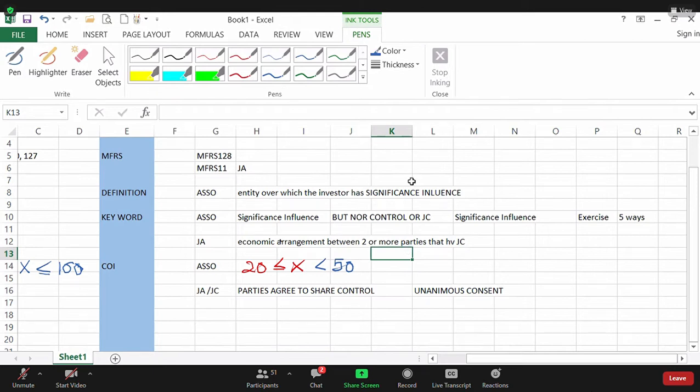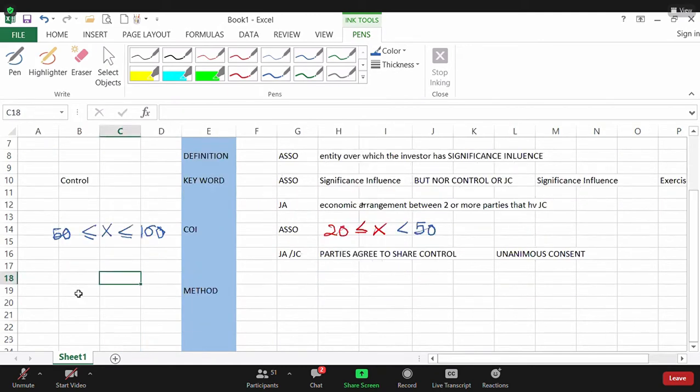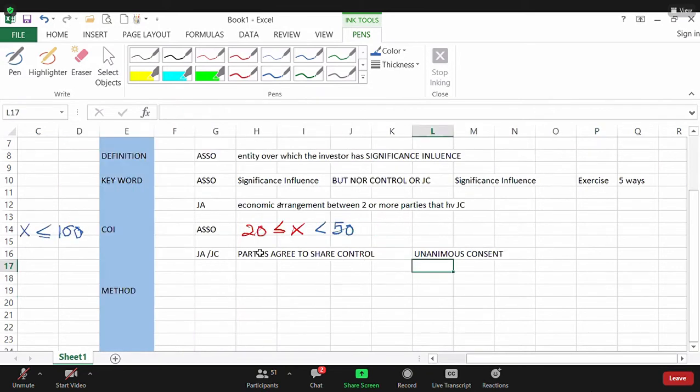So now we go to the method. If you are subsidiary, what kind of method we apply? But before I go to method, since all the party work together, if you go to the second paragraph, no single party having a control.